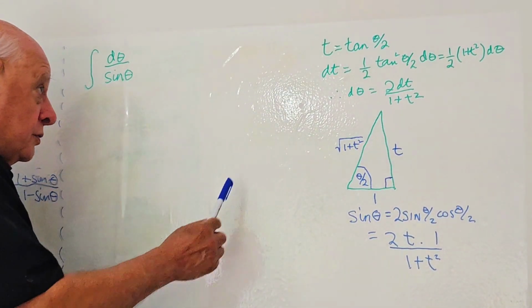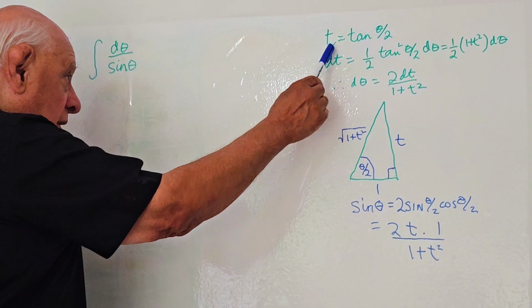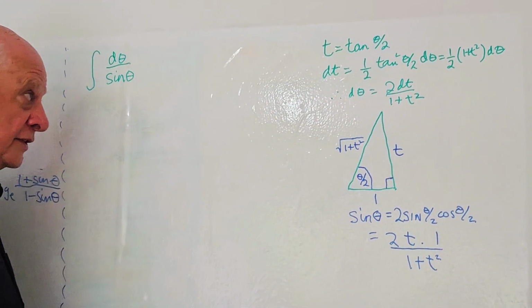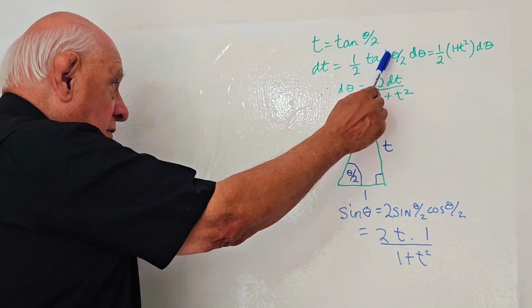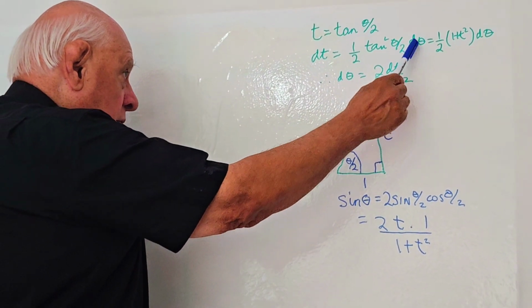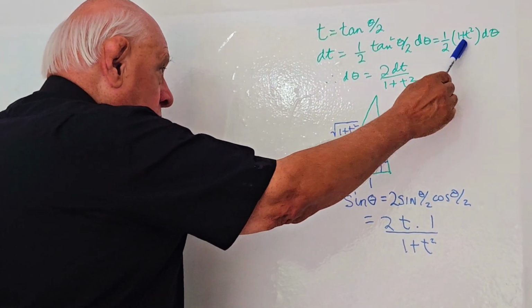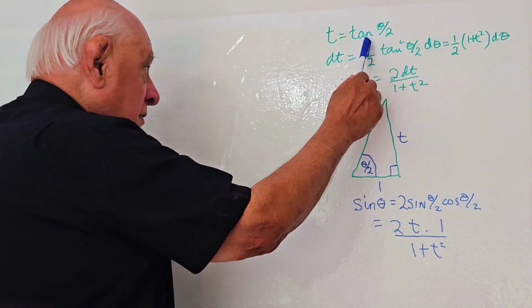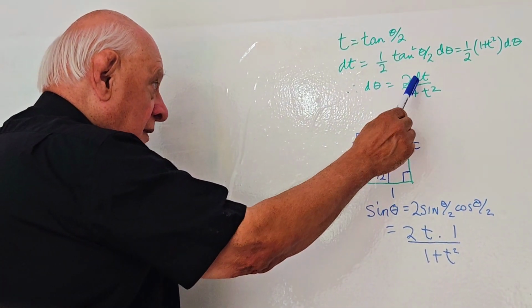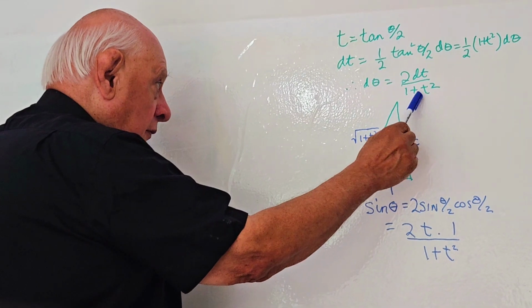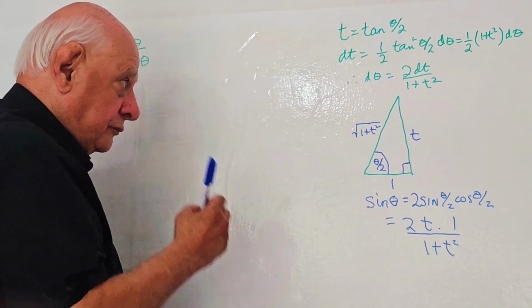Okay, and the substitution I'm going to use is let t equal tan 1/2 theta. Differentiating, we get 1/2 sec squared theta upon 2 d theta, which is 1/2 (1 plus t squared) d theta, because tan 1/2 theta is t. And therefore d theta is 2 dt over 1 plus t squared.